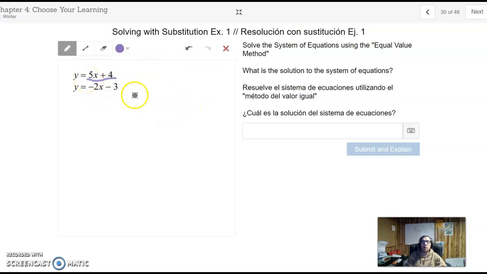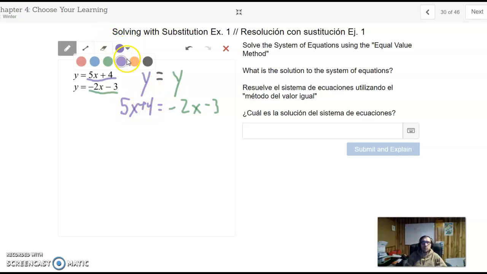So I know that y equals 5x plus 4, but I also know that y equals negative 2x minus 3. So we can set these equal to each other. On the left side, I'm going to use the top equation: 5x plus 4 equals negative 2x minus 3.